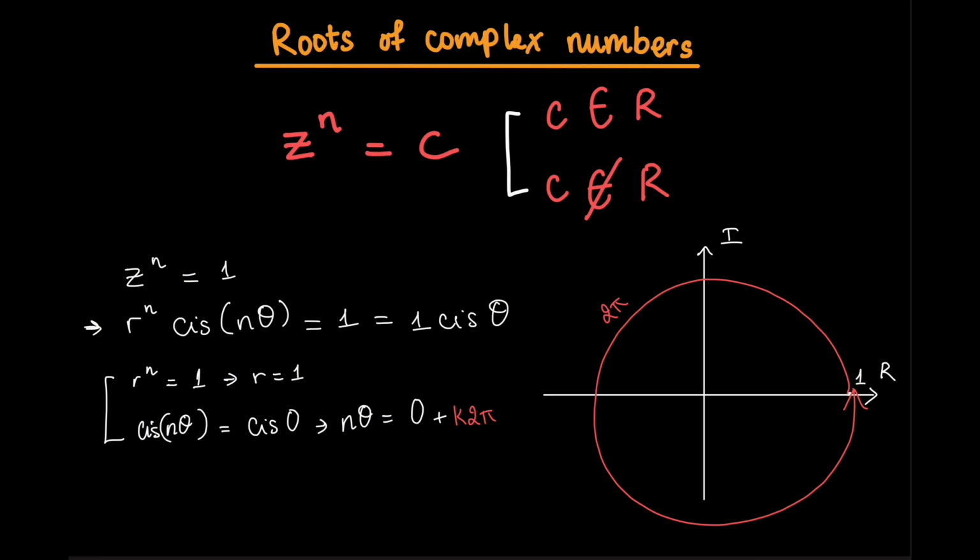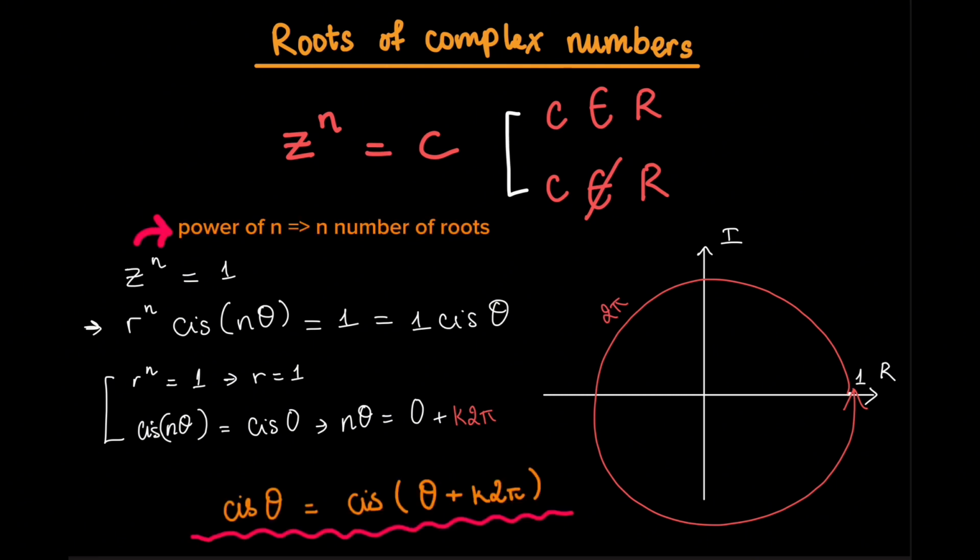If we add 2 pi to any value, it returns to its original value, so no change is made there. We're just trying to find all the roots possible. Here k will depend on the number of roots, or in fact just the power in the question, so basically k will depend on n.